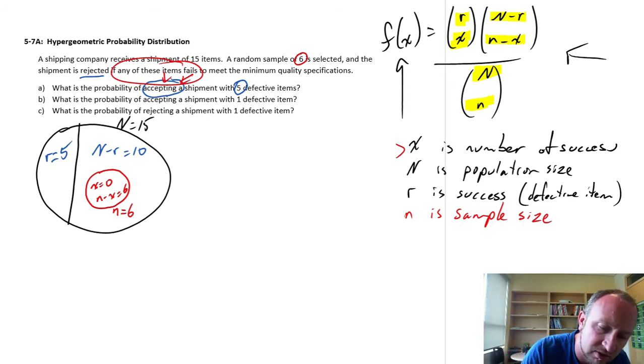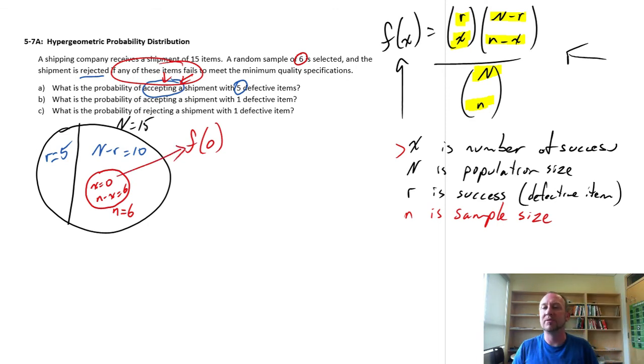Okay, so now we can put these numbers into this formula. So f of 0, because this sample doesn't contain any defective items, otherwise I would reject it. The probability of accepting it means that that sample contains all good items in it, so 0 defective items.